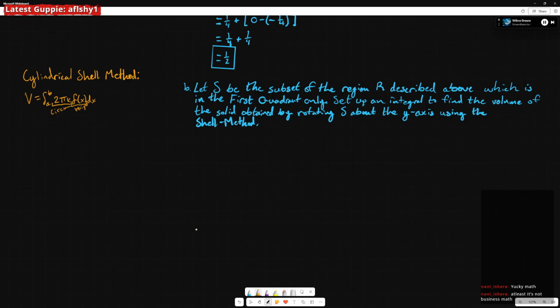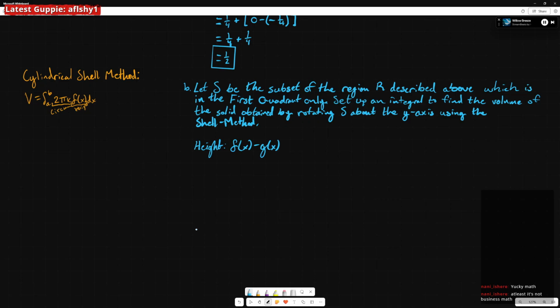Which means that by using the shell method, our height would be just f of x minus g of x, right?